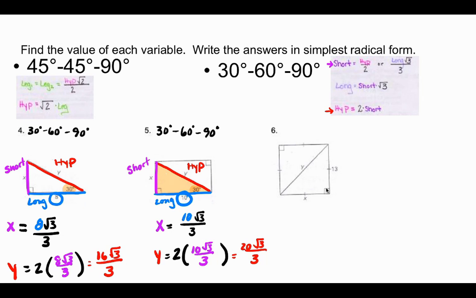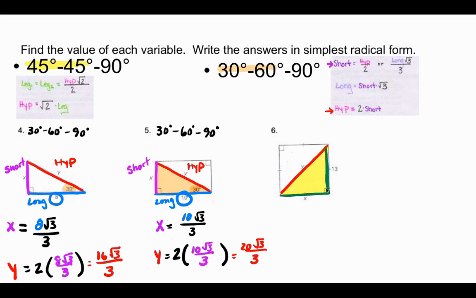Problem 6 is a square with a diagonal. So you'll notice that we have 2 congruent sides. So that's our isosceles. So remember 45/45s are the isosceles right triangles. So with this set, we should have a hypotenuse and 2 legs.